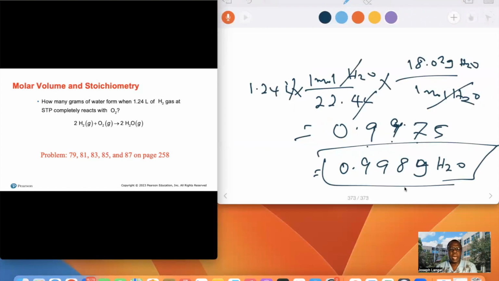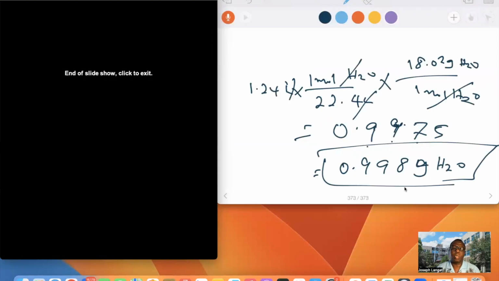Look at problems 79, 81, 83, 85, and 87 on page 257. That marks the end of part P. I'll come back again for the last part in chapter 6.